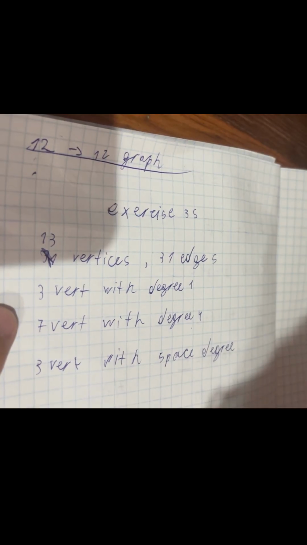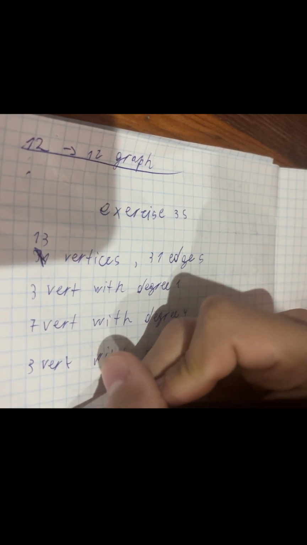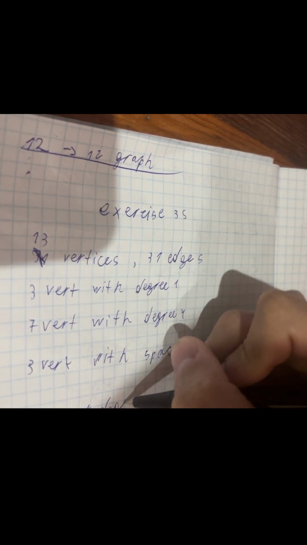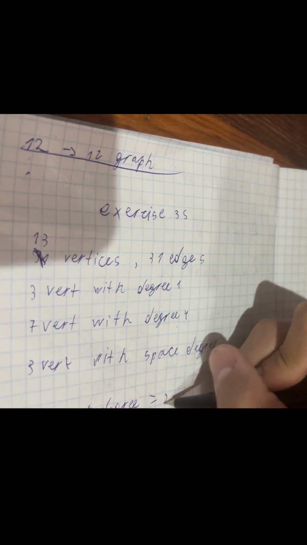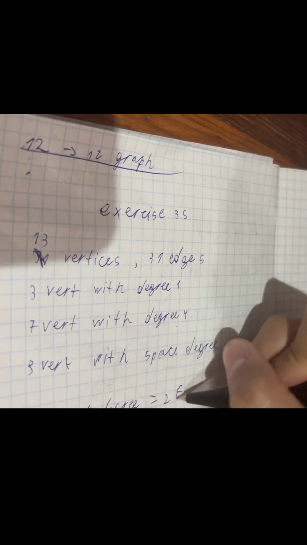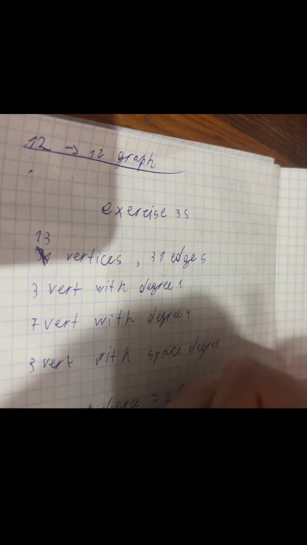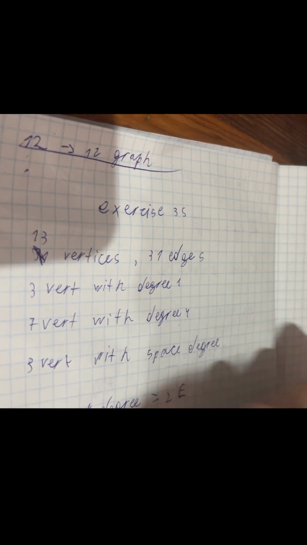So how do we know with the formula, the sum of degrees equals 2 multiplied by e, where e is edges. So 2 multiplied by 31, our edges is 62.